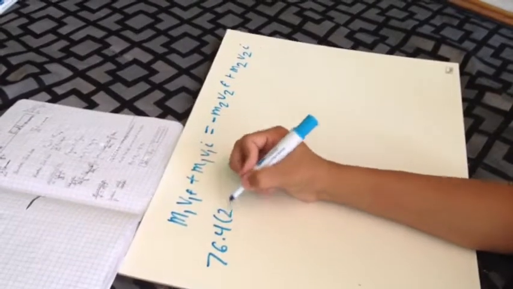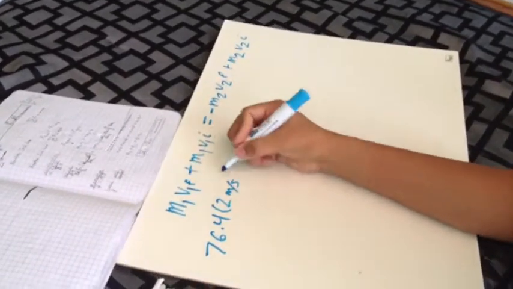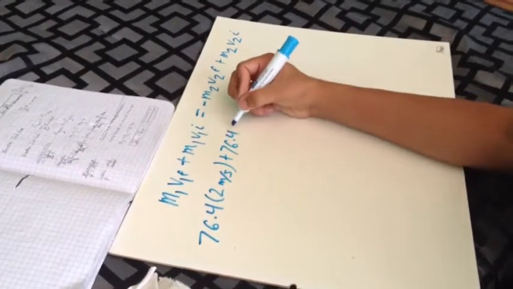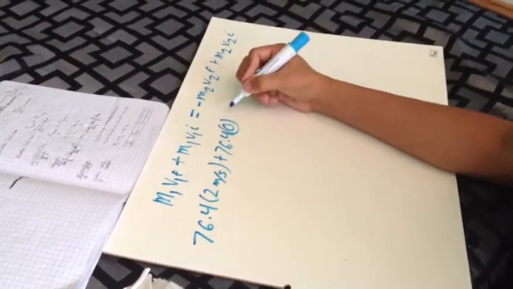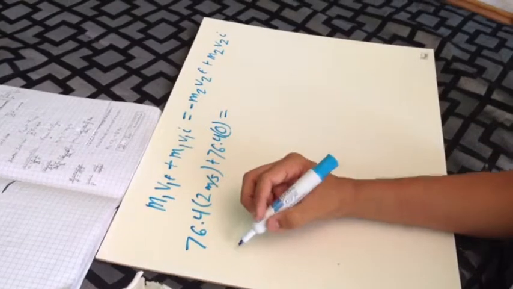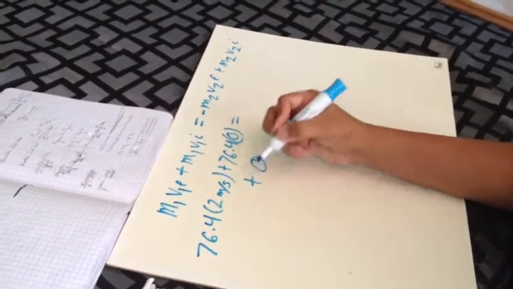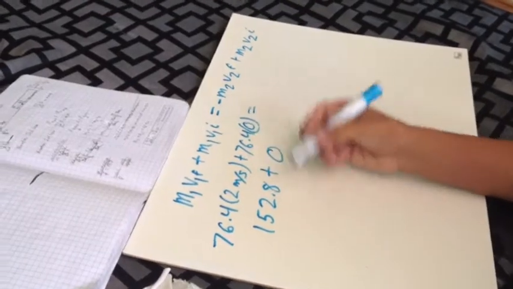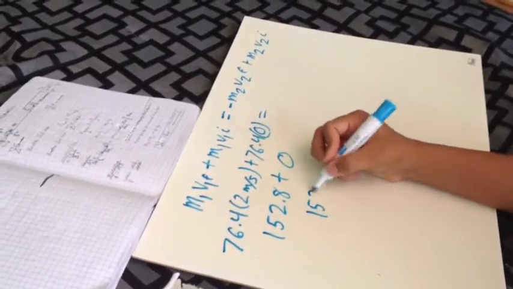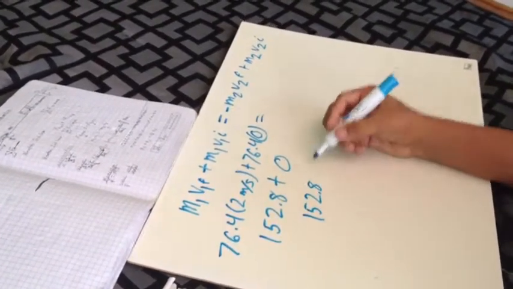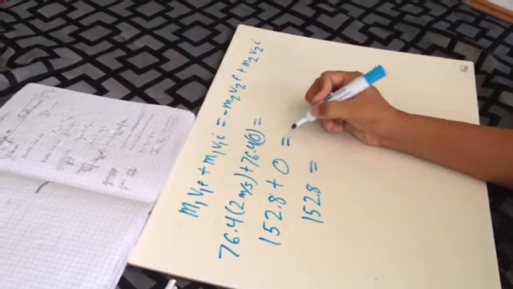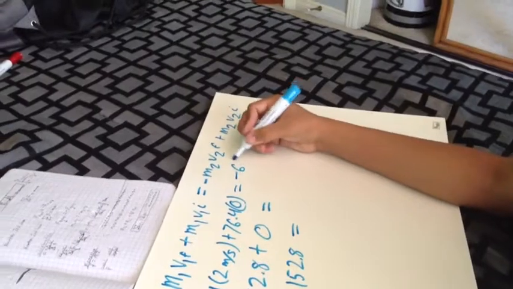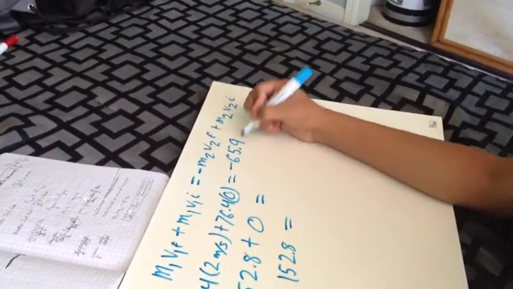It is mass 1 times velocity 1 final plus mass 1 times velocity 1 initial equals negative mass 2 velocity 2 final plus mass 2 velocity 2 initial. Now, in this equation, we are solving for velocity 2 final.